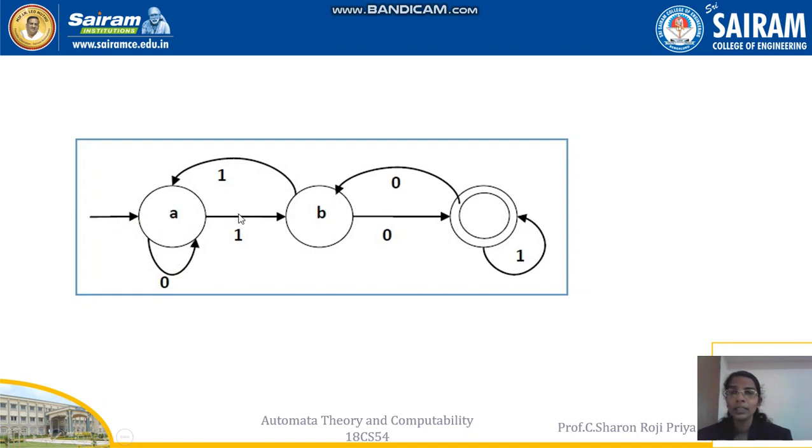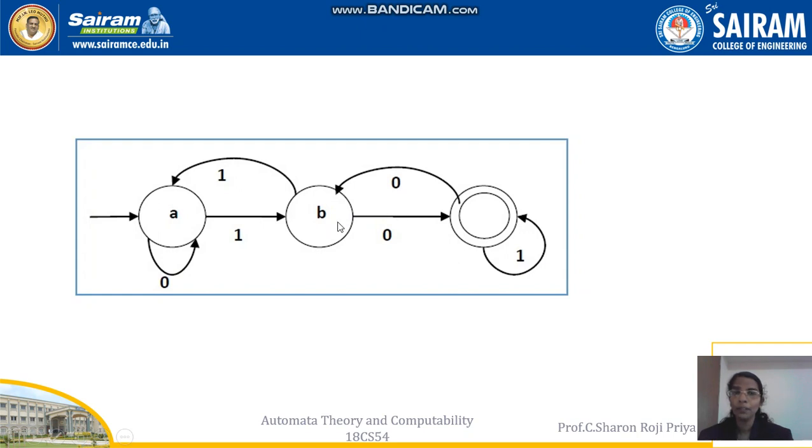And these are my edges, right? These edges represent the transitions. So what is the meaning of this edge? State A is taking 1 as the input. When it takes 1 as the input, it moves to B. What is the meaning of this edge?